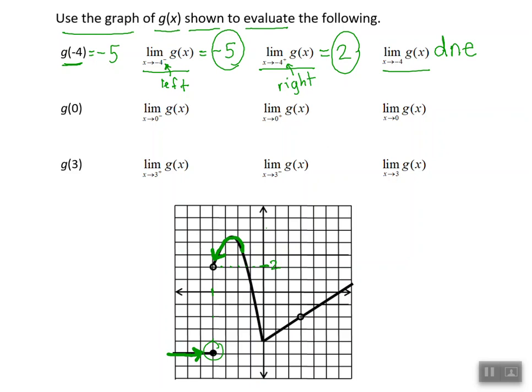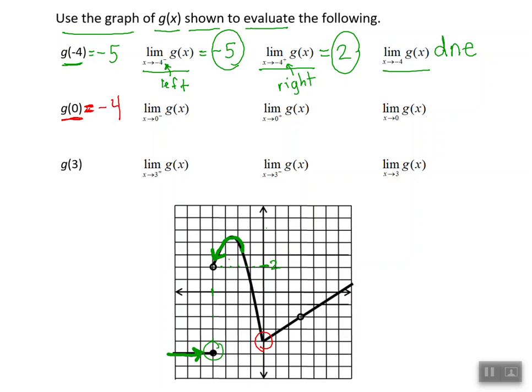Notice I am not putting an equal sign because does not exist is not a number. Let's take a look at g of 0. G of 0. There is a point there, and that looks like the value negative 4 is what the function value is.